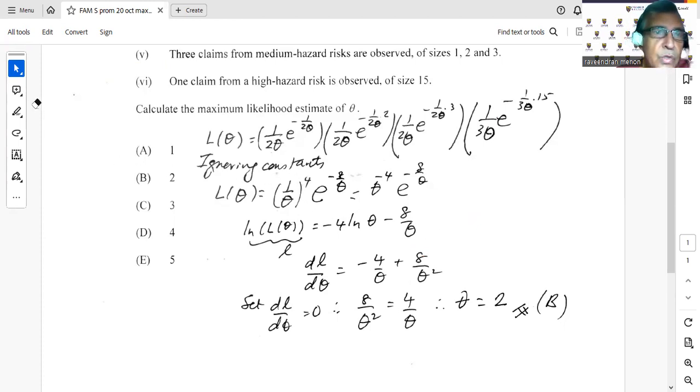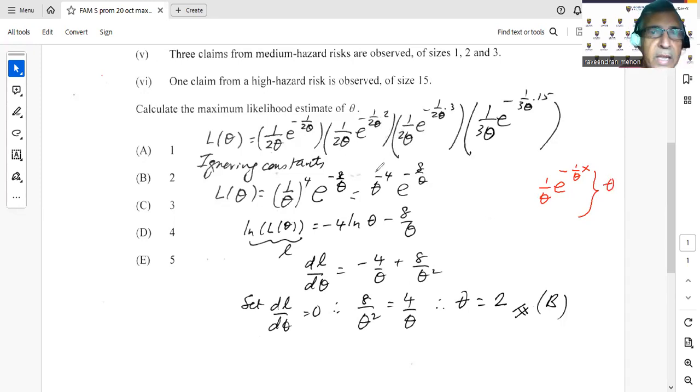If you look up the formula book, if you have forgotten, the PDF of your exponential distribution is 1 over theta e to the power minus 1 over theta x. That's a standard thing. You will find the density function of your exponential distribution in the tables provided in the FAMS exam, when you have an exponential distribution with mean theta.